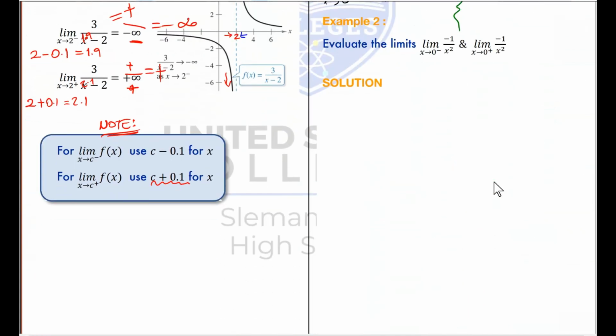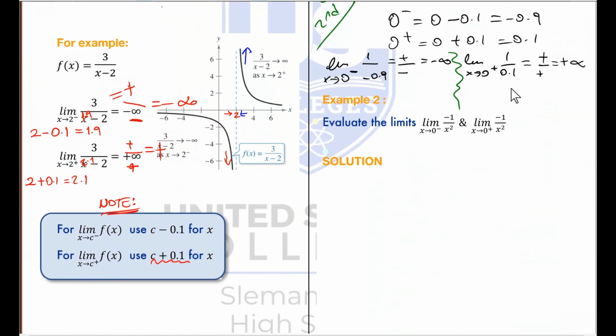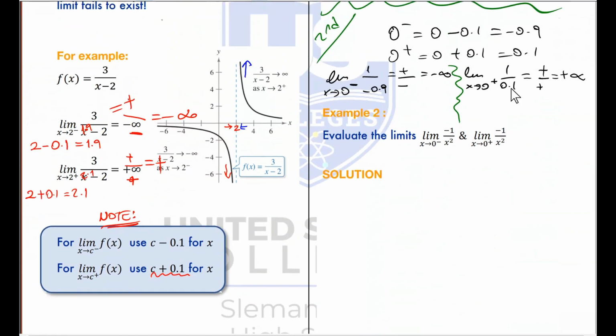The following question. We can use the same numbers because it's still 0 from the left. We can use negative 0.1, from the right, 0.1. So for the first one, the limit as x approaches 0 from the left of negative 1 over negative 0.1 squared.